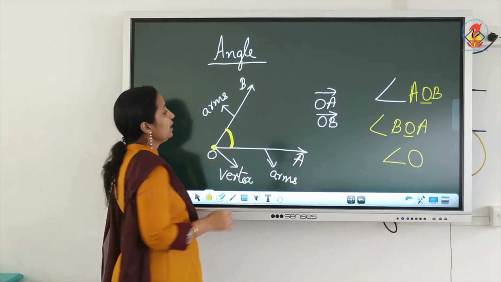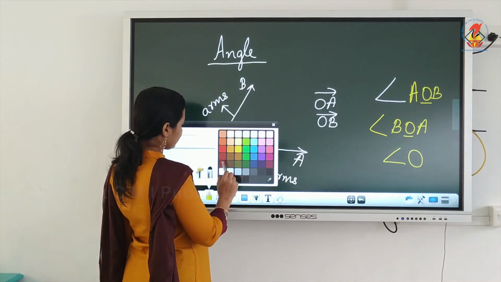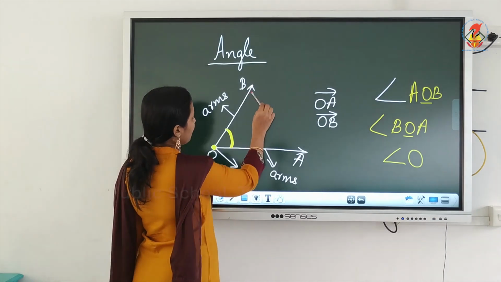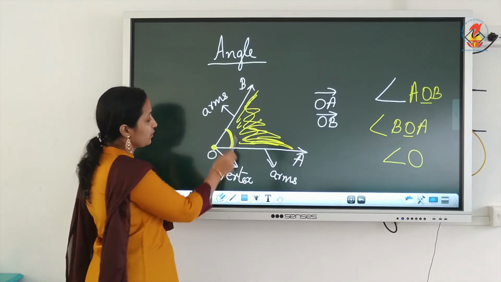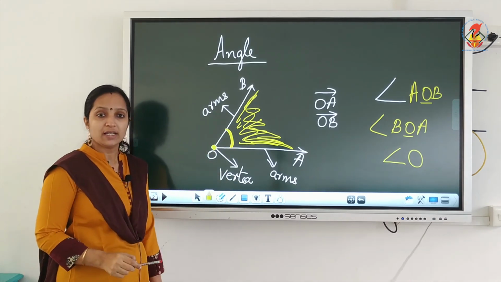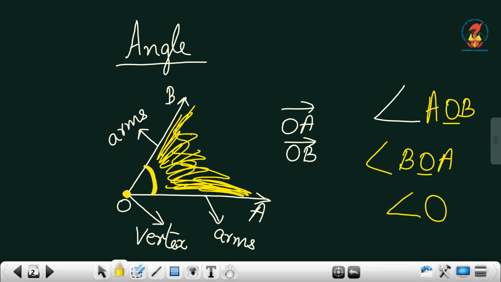Now you know that the space within the two arms of the angle is known as the interior of the angle. If the ray is increasing, the interior portion also will increase.